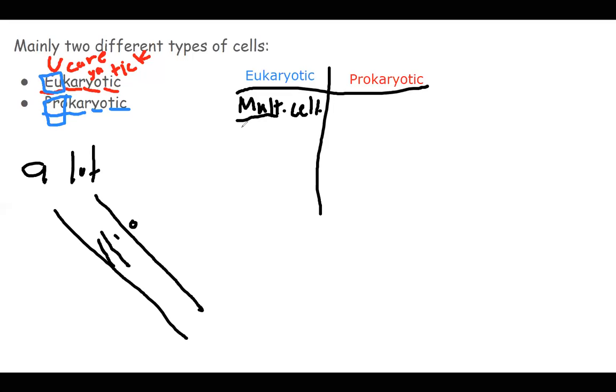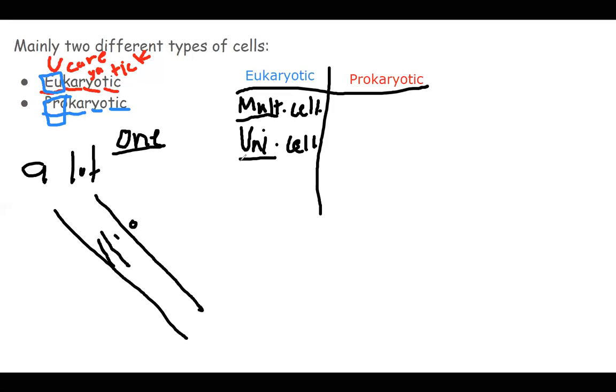Then we have eukaryotic cells can also make unicellular organisms. If you know what uni means, like unicorn, unicellular organism, uni means one. So you can pause the video and think about that, but I'll just say that unicellular organisms are organisms which are made up of one cell.